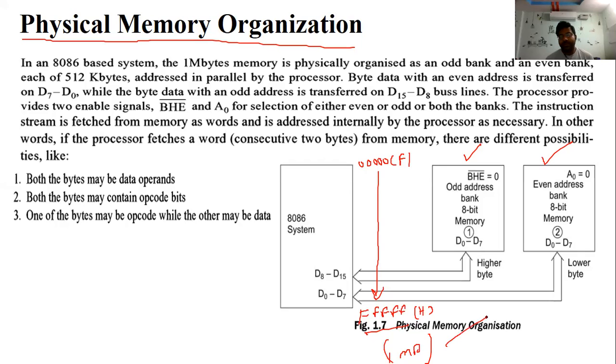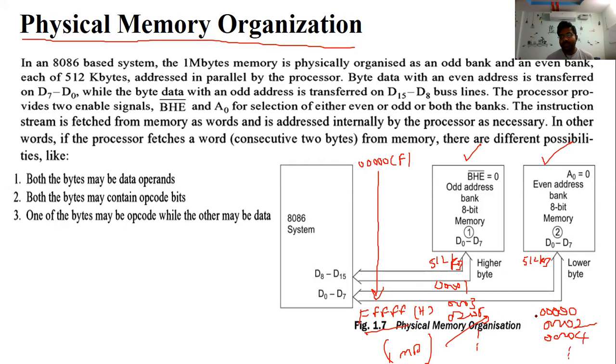This 1 MB is divided into 512 KB odd and 512 KB even. Even means it starts at address 00000, then odd means at 00001, 00003, 00005 and so on. Even means at 00002, 00004 and so on, like this.